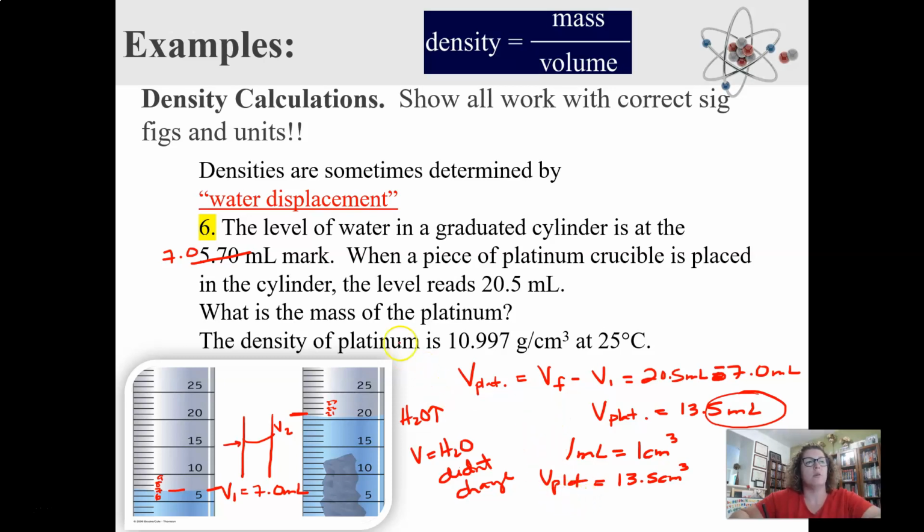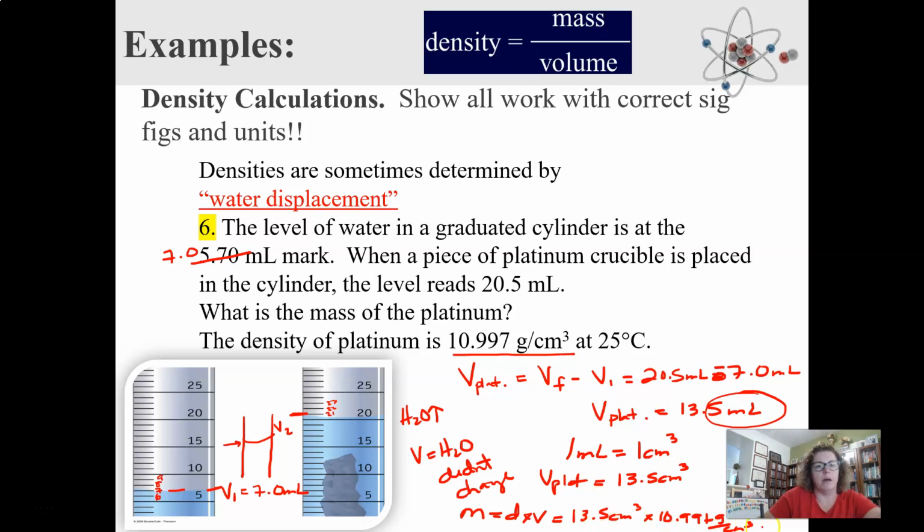So I know I was given the density and I found the volume. So I have my mass, and from rearranging my equation, mass is density times volume. Now I have my 13.5 centimeters cubed, and my 10.997 grams per centimeters cubed.